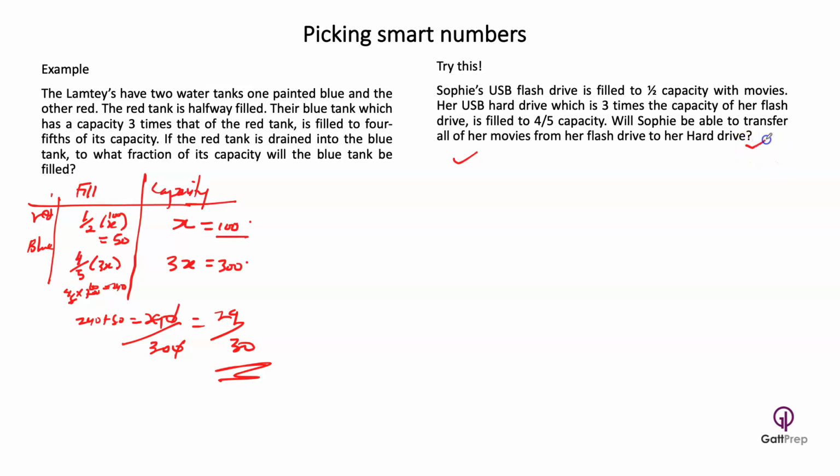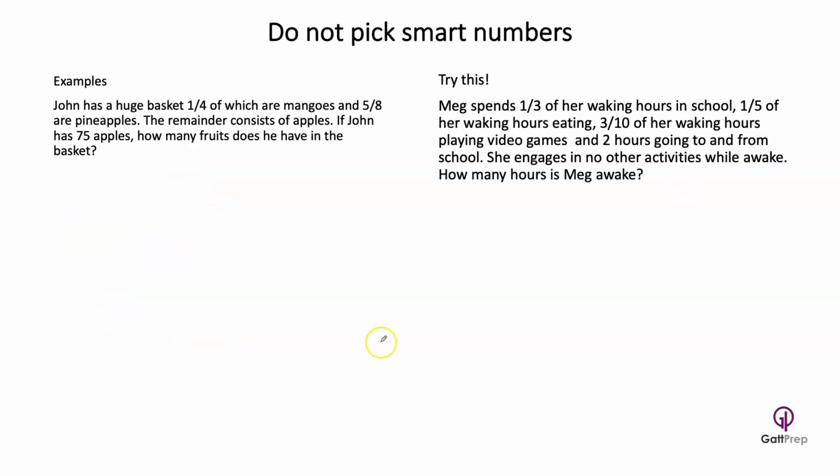Let's try and solve this question. Here we will look at a situation where we do not pick smart numbers. In some problems, an unknown amount may actually be specified in the problem in another way. In these cases, you cannot use smart numbers to assign real numbers to the variables. Let us look at this example.